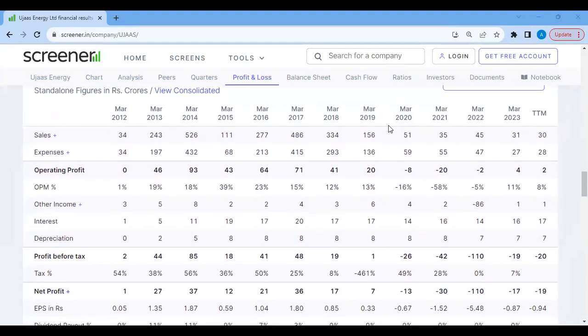Yes or no? No, this company is not doing its job properly. It is a loss-making company. Does anyone want to own a loss-making company here? Yes or no? No, right? It is not doing its job properly, right? And we must stay away from loss-making companies, right? So clearly this company is not doing its job properly.